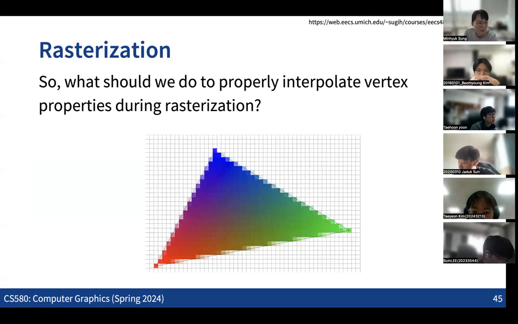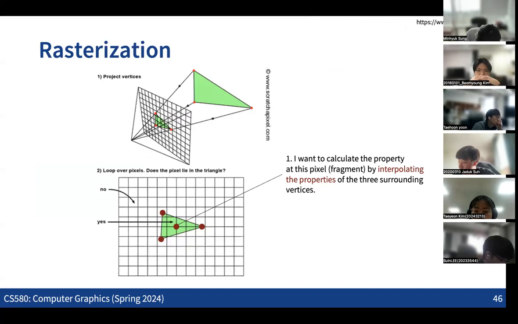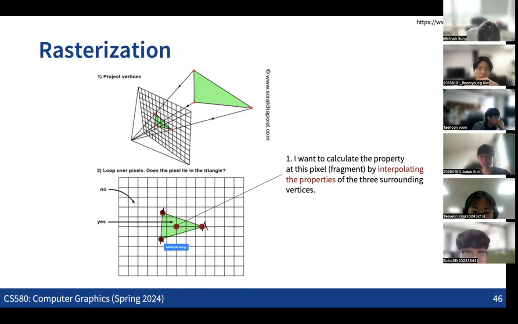Again, what we want to do is calculate the properties at this pixel, which is enclosed by these three vertices, by interpolating the properties of these three surrounding vertices. So this is what we want to do, right?